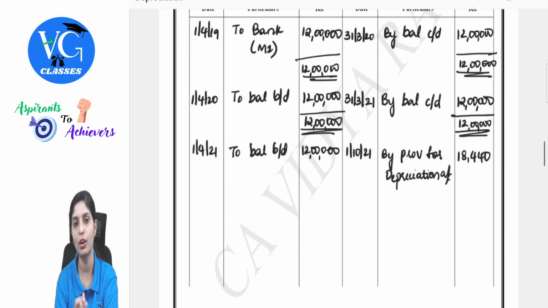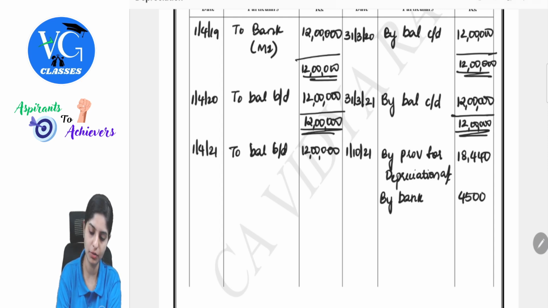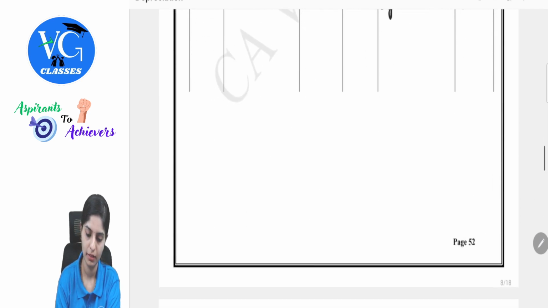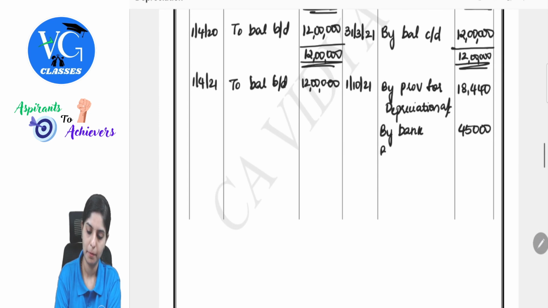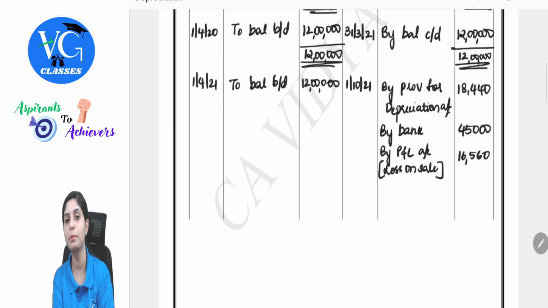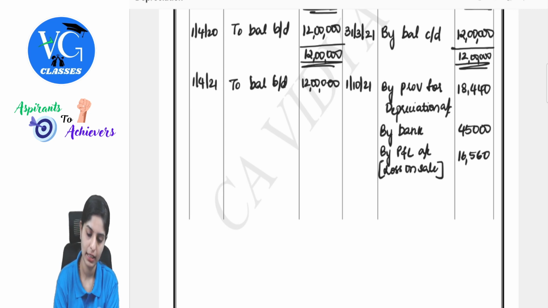So we will have to record this transaction by bank, which is 45,000, and there was a loss on sale 16,560 by P&L account, loss on sale 16,560. Now here what we did was we completely recorded the asset which was representing 80,000 gone out of the business. Yes.